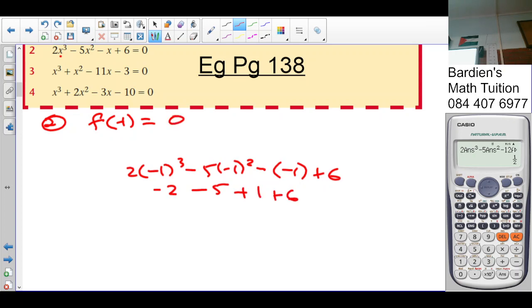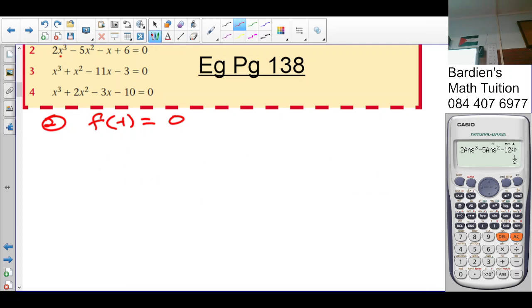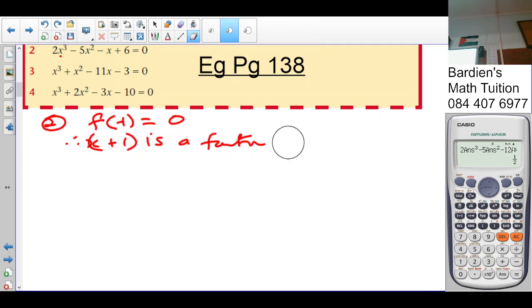Not so. So what can I say? I can now say that therefore x plus 1 is a factor of, what is a factor? F of x is not given.